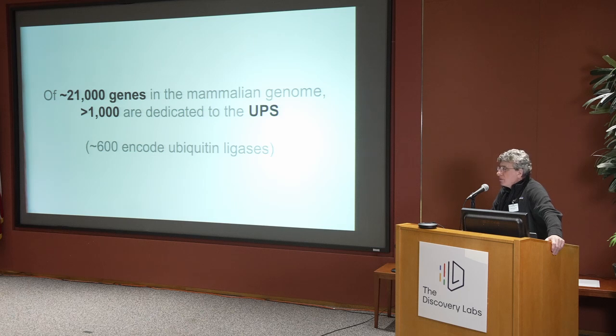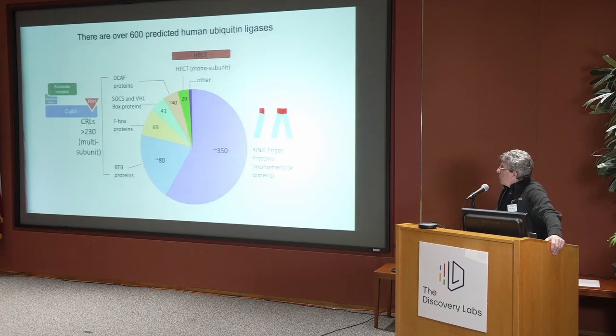Of these, 600 encode ubiquitin ligases. And ubiquitin ligases come in different families. What we study in our lab is the family of Cullin RING ligases. These are multi-subunit ubiquitin ligases, and there are more than 200 members of this family.